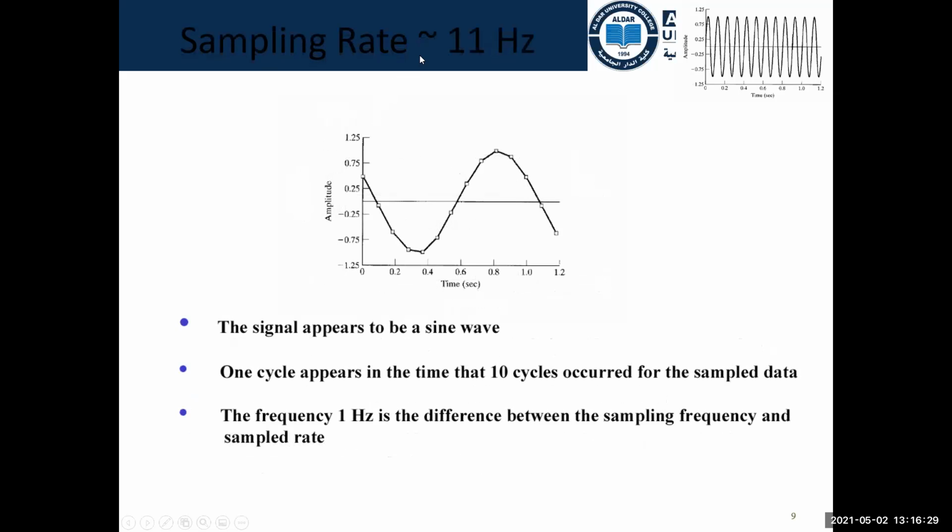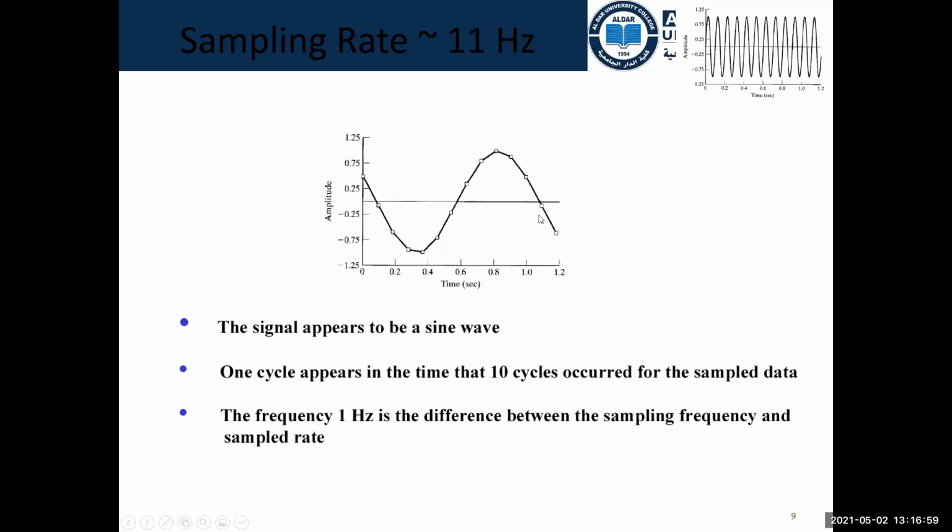What about sampling at more than 10 hertz? Suppose we are sampling at a rate of 11 hertz. This is going to create another frequency. This frequency is very low compared to the original frequency of 10 hertz. It is about 1 hertz, because a complete cycle will go from the beginning to the end.